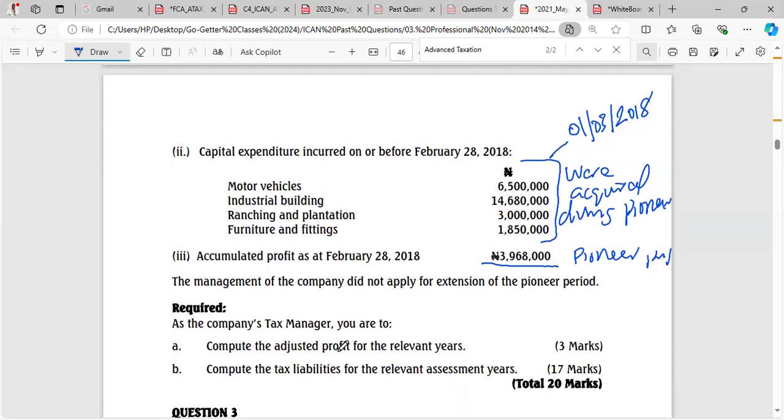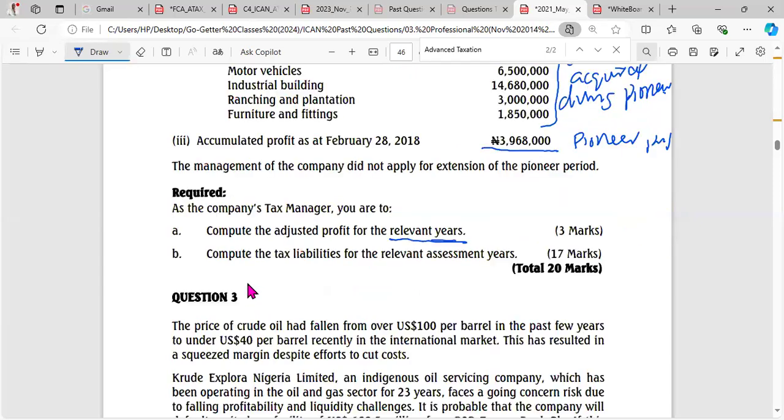Now, you are to compute the adjusted profit for the relevant years. They use the word here, relevant years. And you have to find the tax liability for the relevant years of assessment.